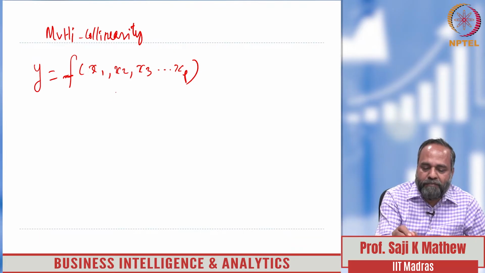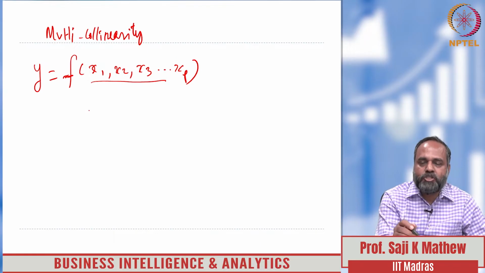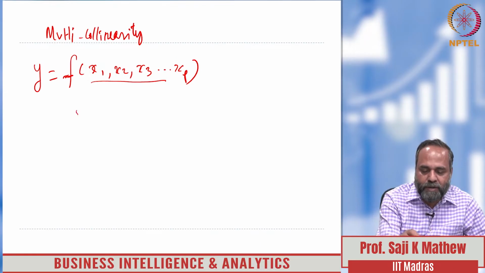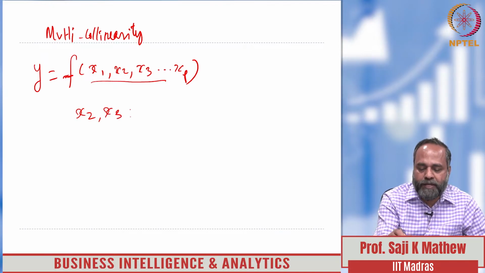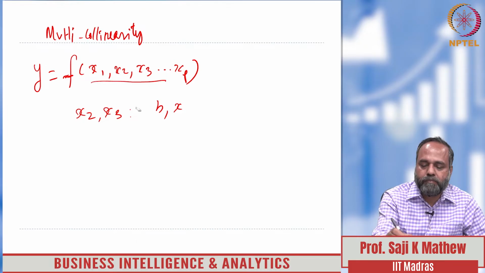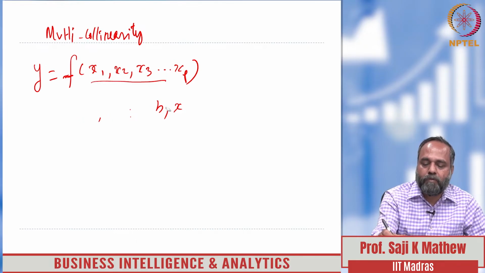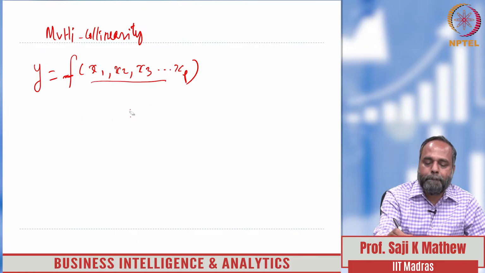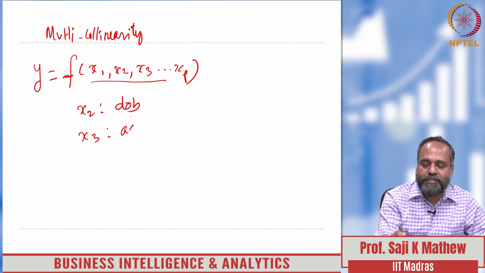If you have p variables, there are variables which are strongly correlated to each other. For example, x2 and x3 are strongly correlated. Suppose x2 stands for date of birth, x3 stands for age.